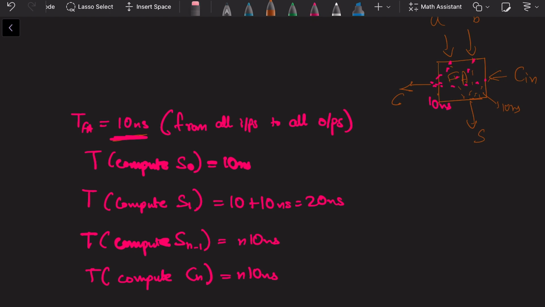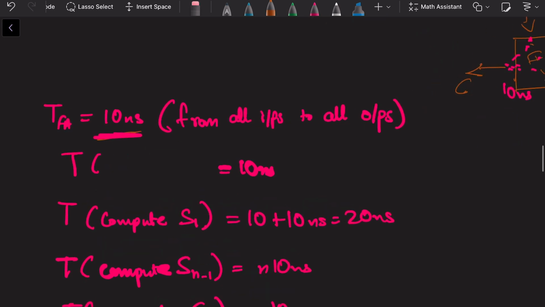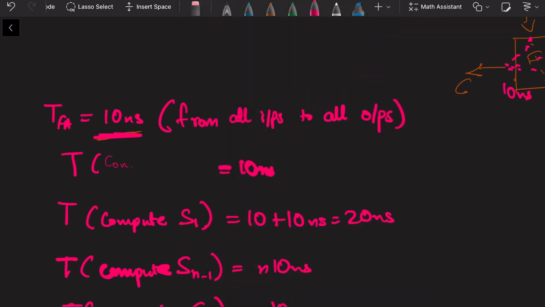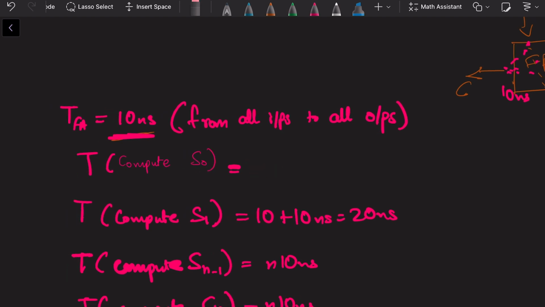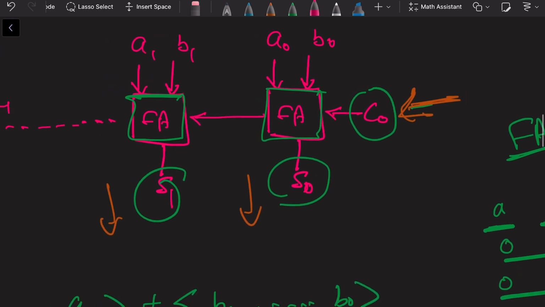Okay, this is not clear. Let me make this clear. What I mean here is that the time it takes to compute S0 is 10 nanoseconds, obviously, because the delay of a full adder is 10 nanoseconds from all the inputs.